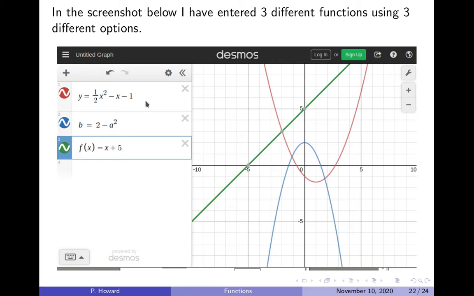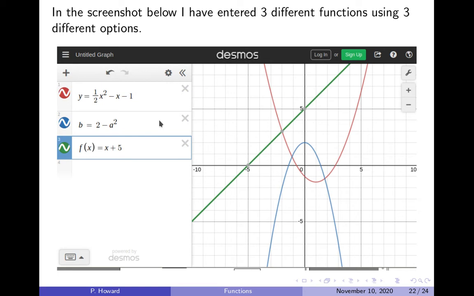A lot like you would enter on your graphing calculator. And when I did that, the graph of this equation, in red, because the red circle is to the left of the equation, the graph of this equation appeared in red on the screen. It's this red parabolic shape.